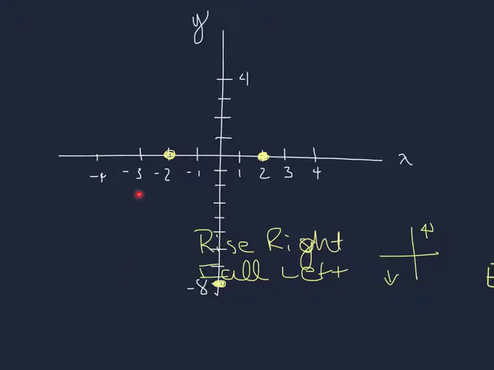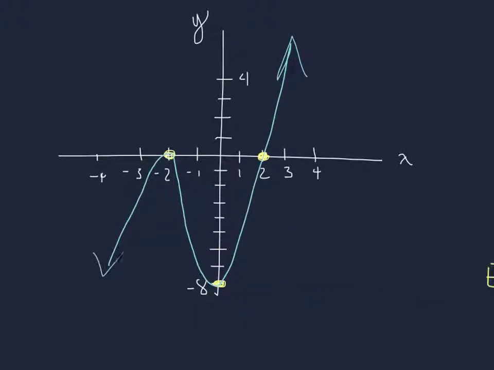At -2 we said it occurs an even amount of times, so when I get to that point I'm going to touch and turn. So I'm going to start here, cross the y, and then here, because 2 occurs an odd amount of times, you're going to cross. So here, here, and that's how you graph that.